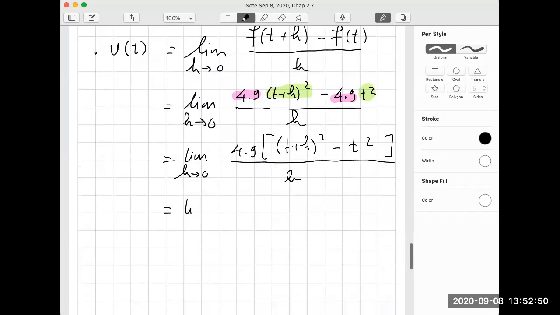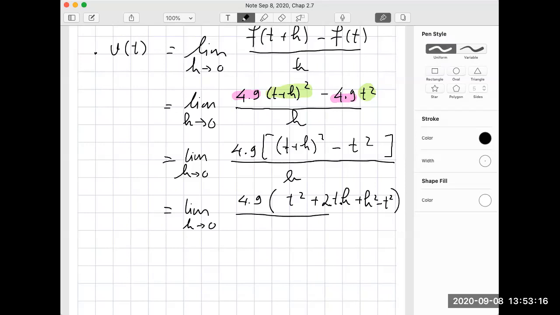So we can eliminate the parentheses inside, expand it. It is t squared plus 2th plus h squared minus t squared, divided by h.